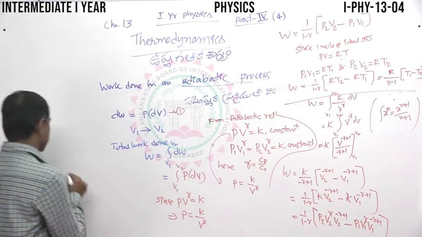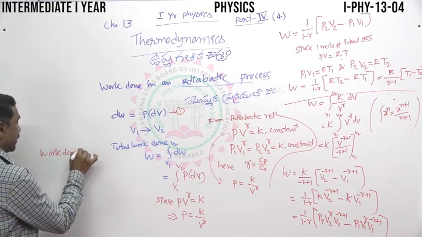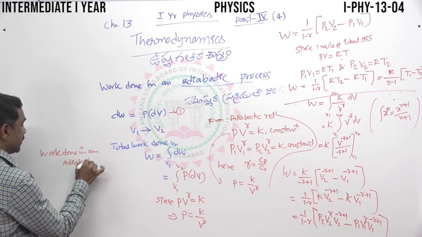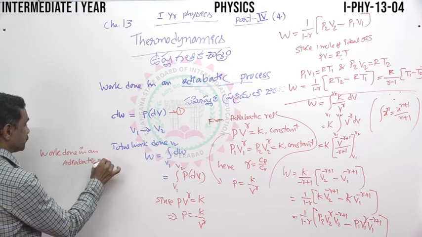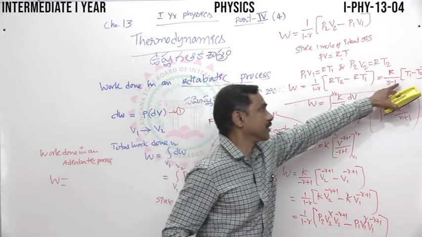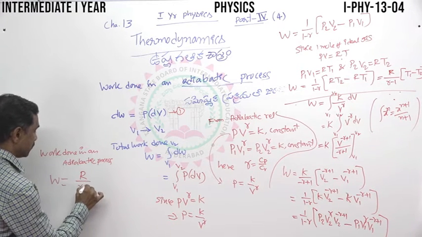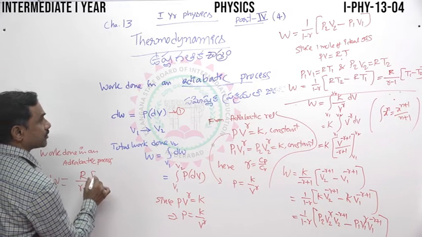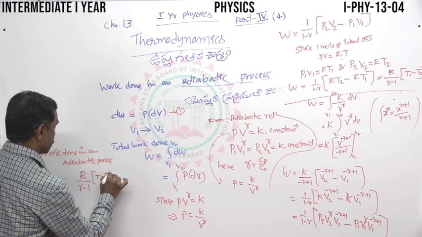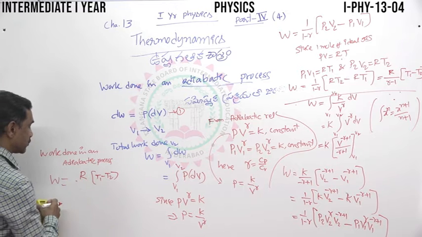I'll write the final expression here: work done in an adiabatic process, W, is given by R divided by gamma minus 1, times the bracket T1 minus T2. Or you can write this entire expression together like this.